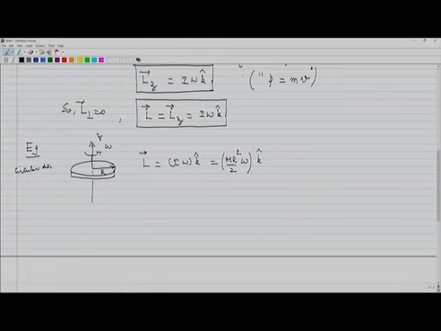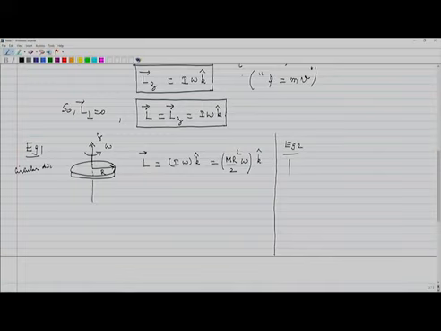Now I can do a slightly different problem. This is example 2. In the earlier problem, we coincided the z-axis with the symmetry axis of the body.